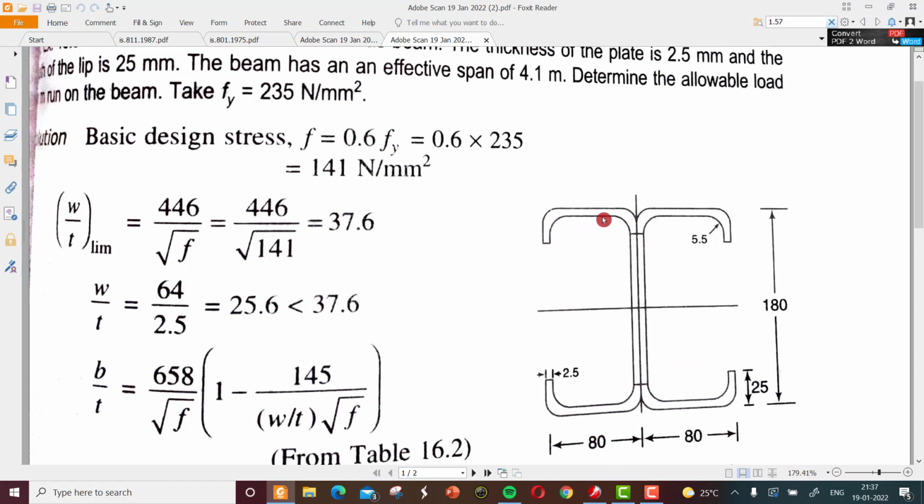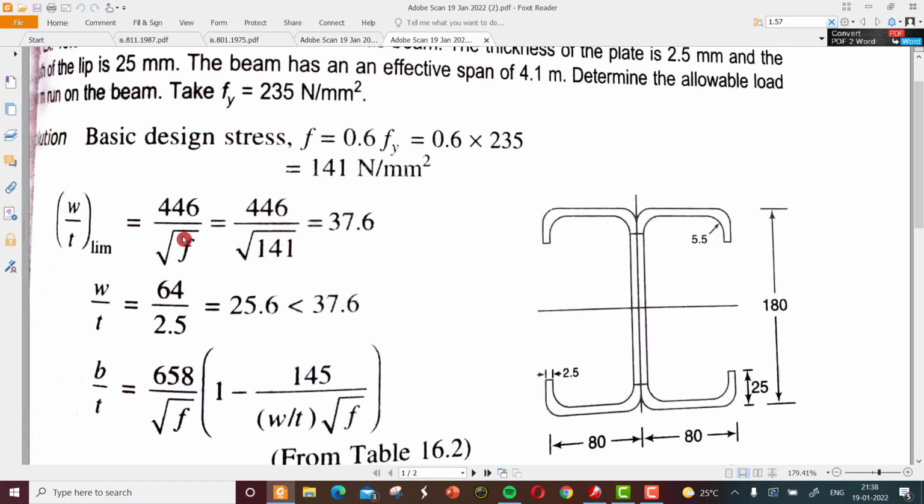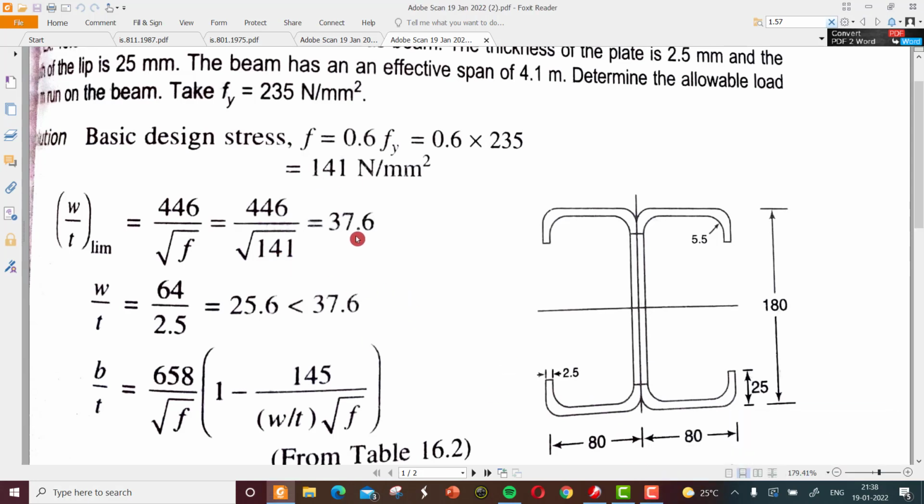So we are taking the compression as a serious element because steel is strong in tension, weak in compression. So the W by T limiting is given by 446 by root F used here. So we have 141, 446 by 141 will give you 37.6 W by T limiting.